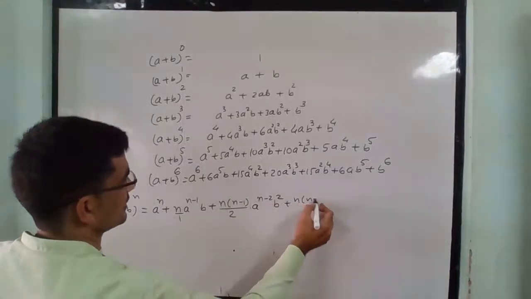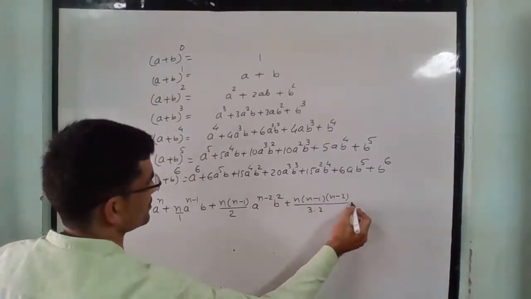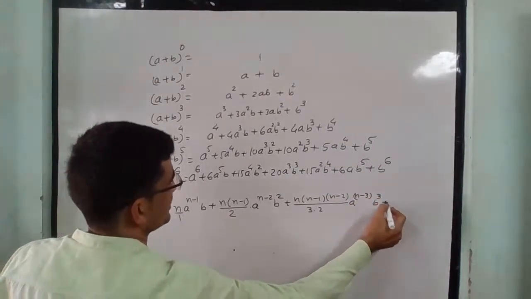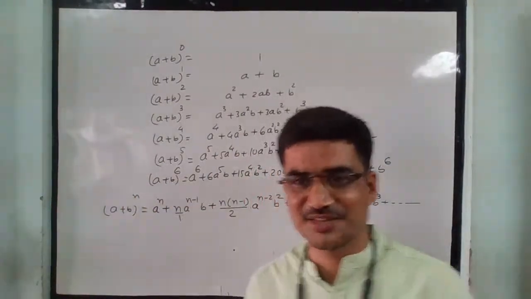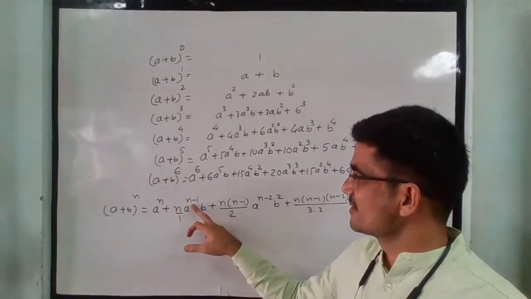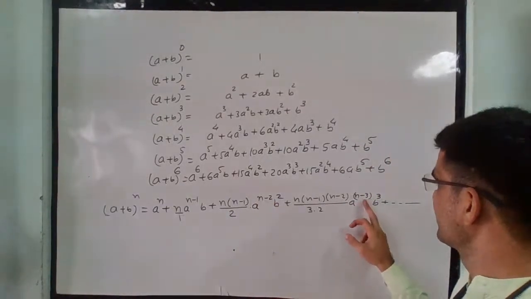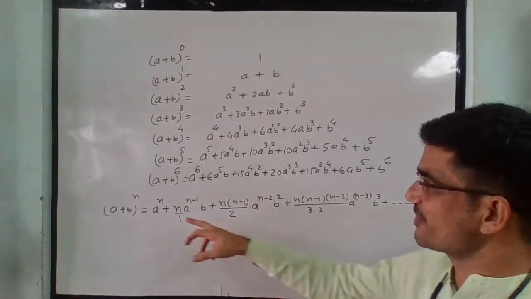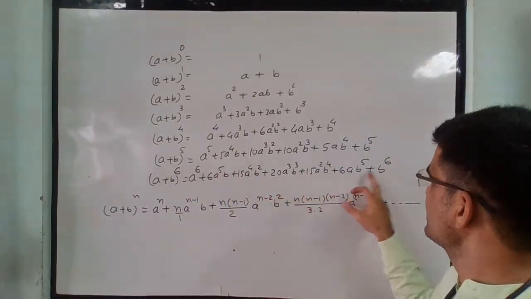Then n(n minus 1)(n minus 2) divided by 3 into 2, a to the power (n minus 3) and b to the power up to wherever you need to go; automatically it will be n. Yes, you can do it for 16 also, no problem. n is 16, 15 here, 14 here, like this, 13.